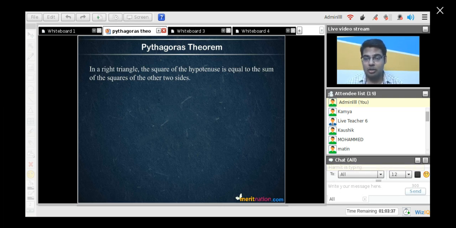Okay, so before coming to that, we have to cover the Pythagoras theorem. The faster we cover it, the more time we'll have to reach that particular question. So in a right triangle, the square of the hypotenuse is equal to the sum of the squares of the other two sides. This is what we have already said in the beginning of the class. Fine?